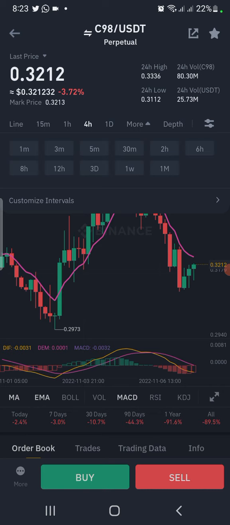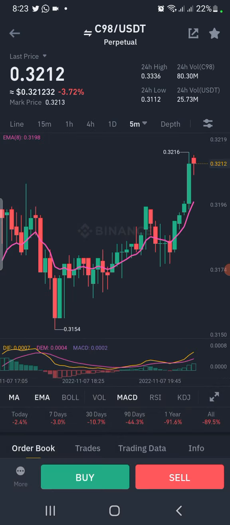So they go to the 5 minute time frame. It's trying to show a short position, but it's being rejected here. They will wait patiently until this candle crosses and closes after the exponential moving average.